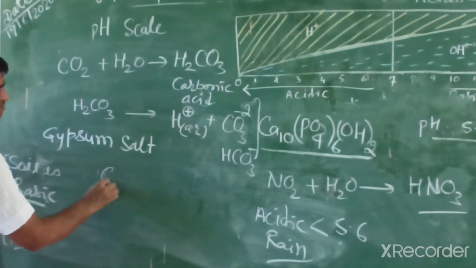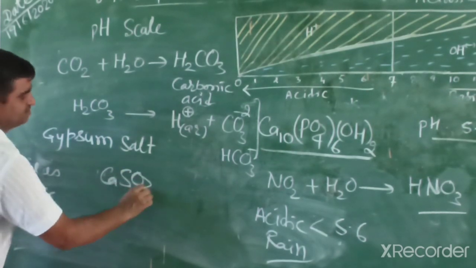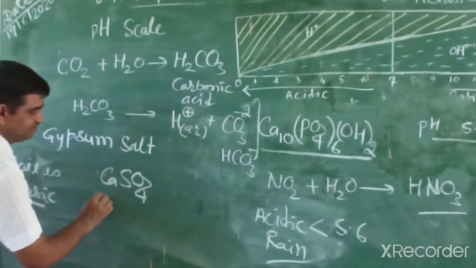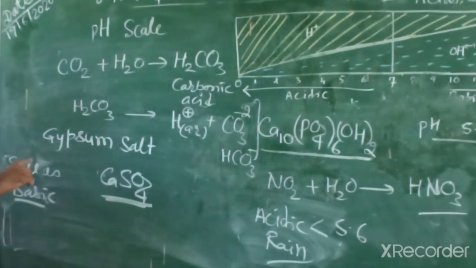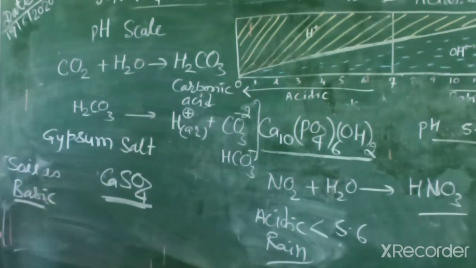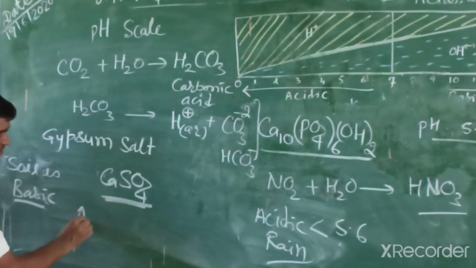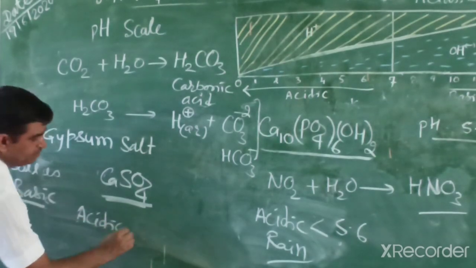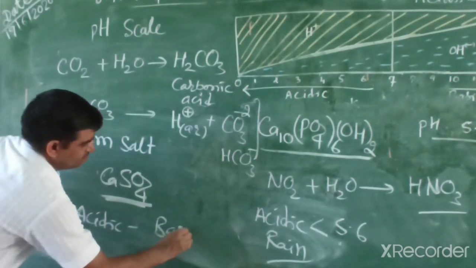Gypsum salt is calcium sulfate, and calcium sulfate is an acidic salt. So basic soil is neutralized by gypsum, which is like a white soil. And if the soil is acidic, then we use a basic salt to neutralize it.